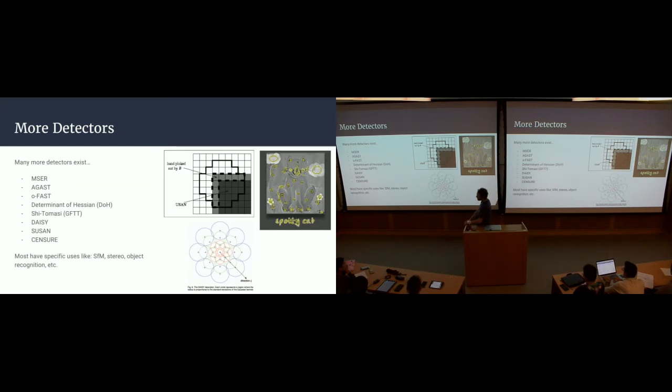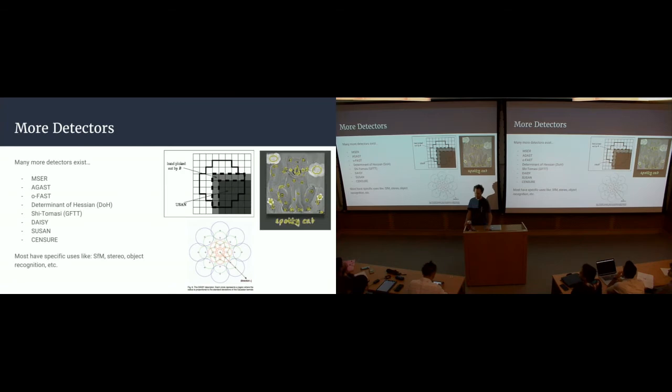There's Good Features to Track by Shi and Tomasi, DAISY, SUSAN, SENSOR. There's way too many. And they all have their own invariances and covariances, and some of them are catered for very specific uses, like stereo.